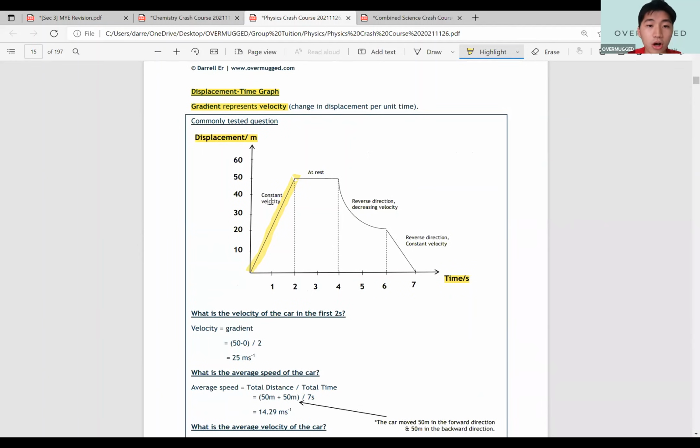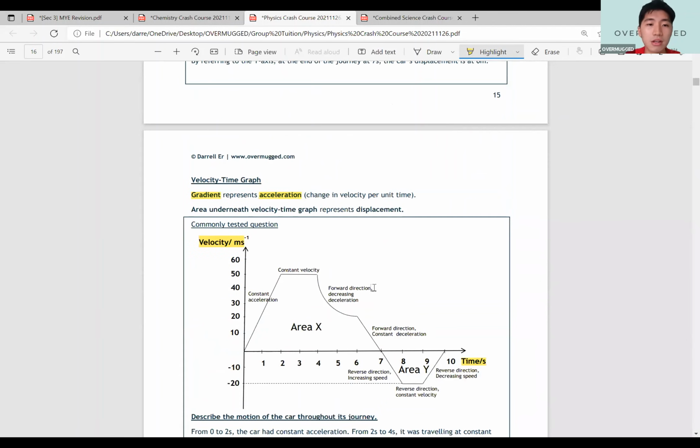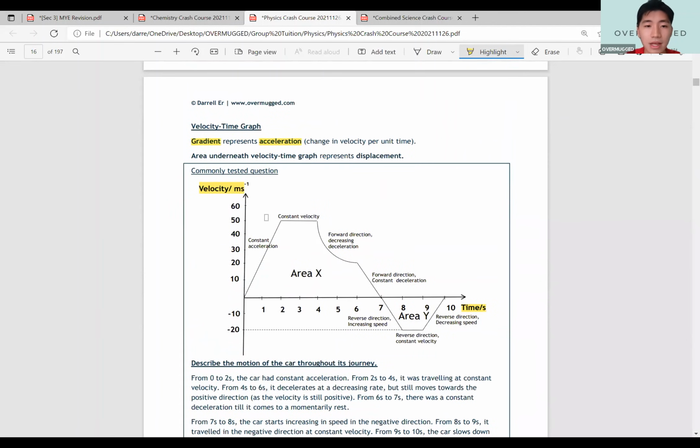We said constant velocity because this is a displacement time graph. But the gradient of a velocity time graph gives you your acceleration. So here we say constant acceleration. Furthermore, the area underneath your graph represents displacement.